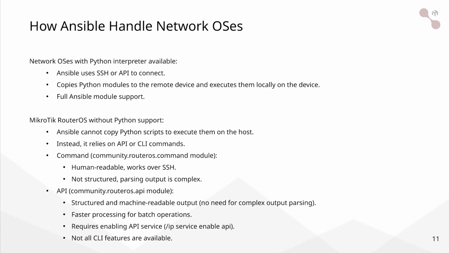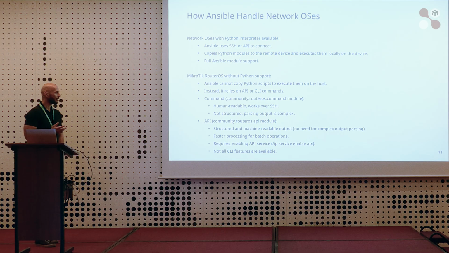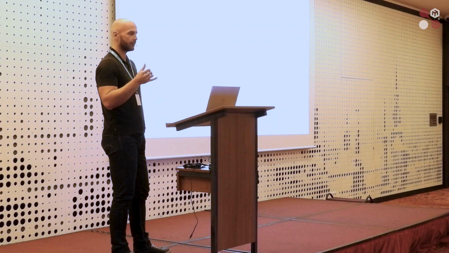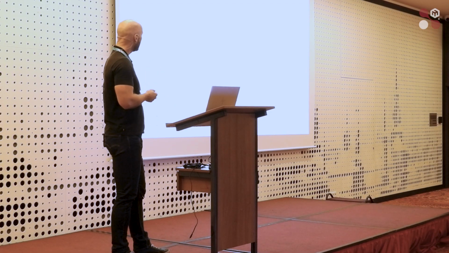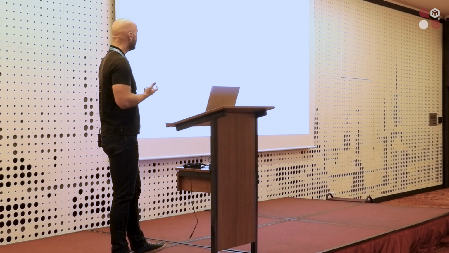In case of Mikrotik, there are two modules, command and API. The command module is nice in a sense that it just executes the commands as you use them normally on the router board. The problem is that it was meant to be for humans, not for machines. So especially when you get back the output, you have to somehow parse it, and it's not very easy with command.